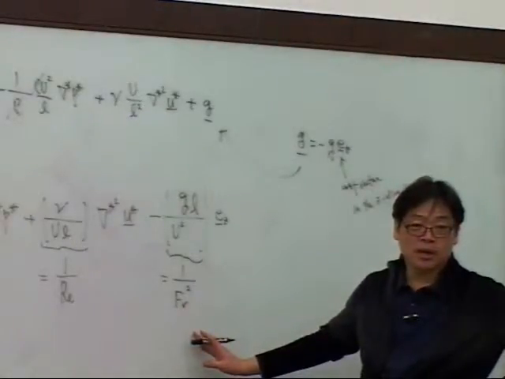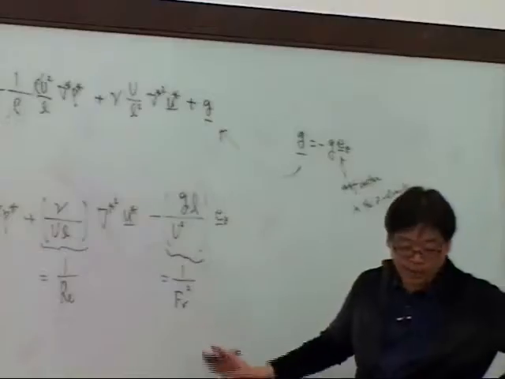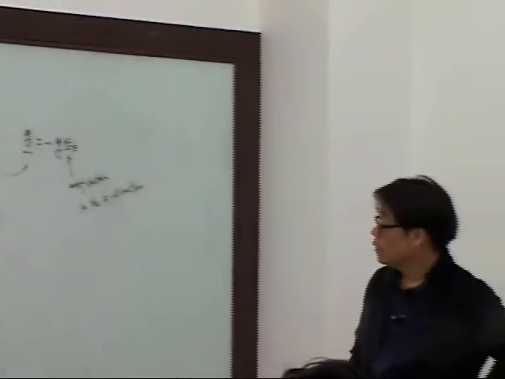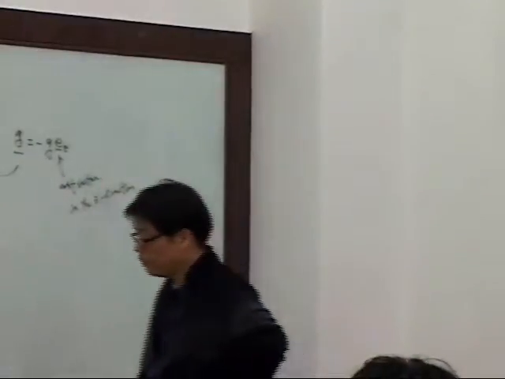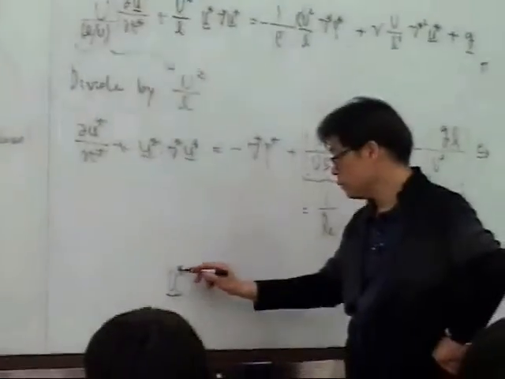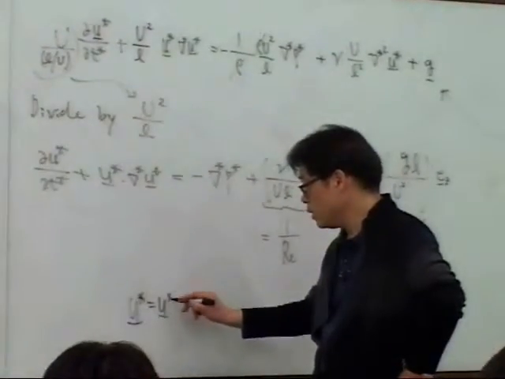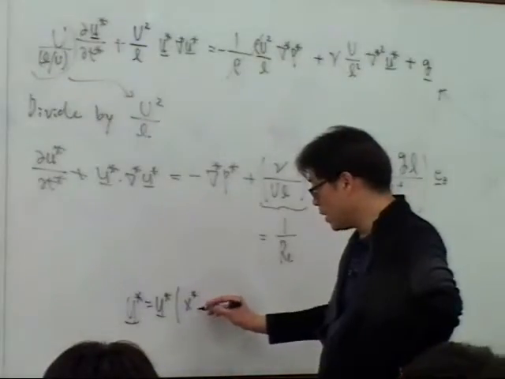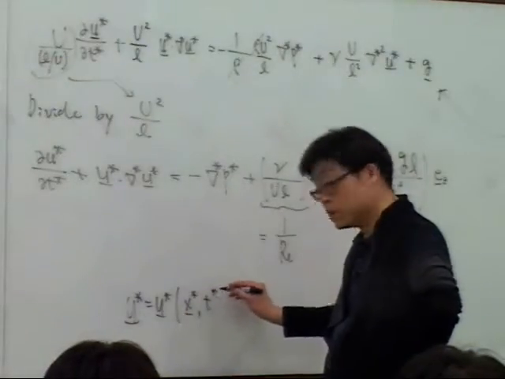So that's exactly what we got from dimensional analysis. So U star, the Eulerian velocity, will be a function of x star and t star, of course.